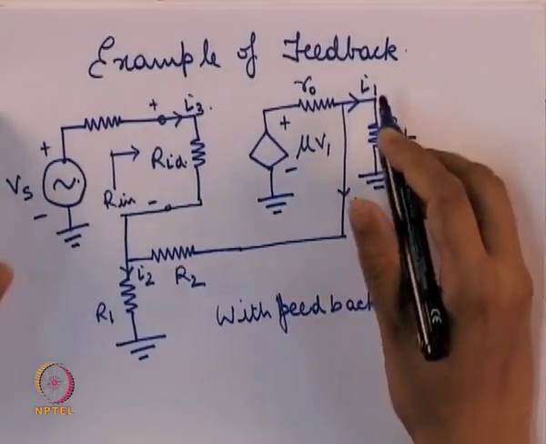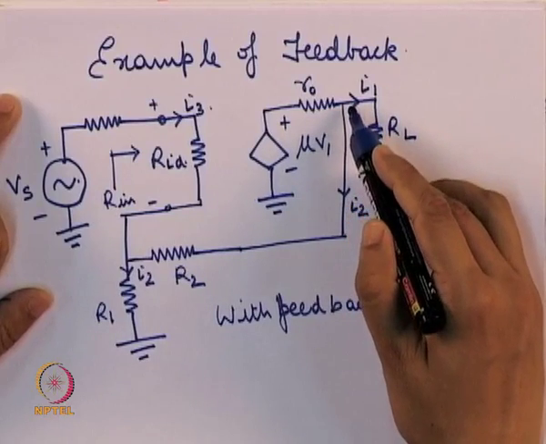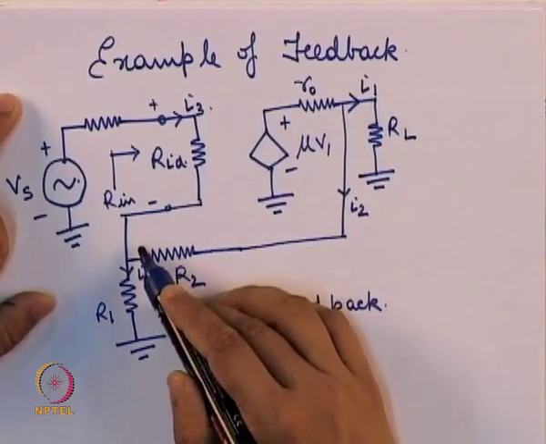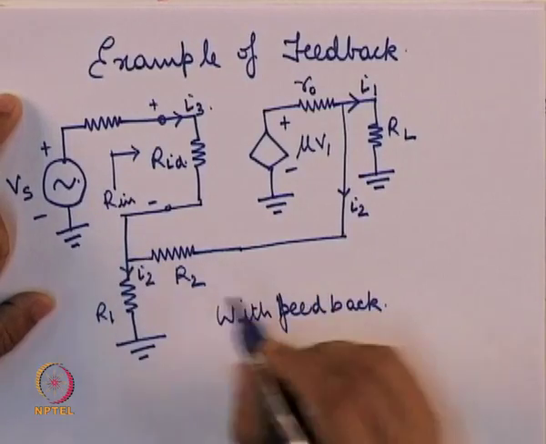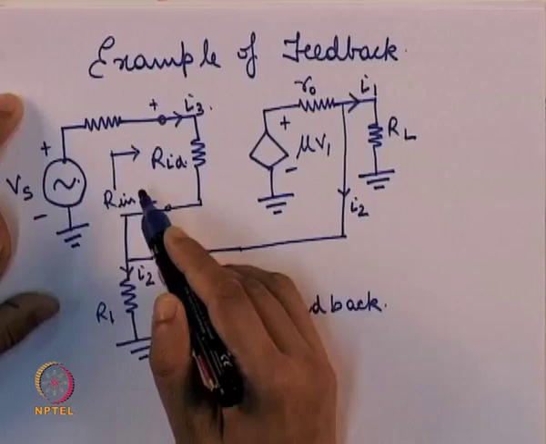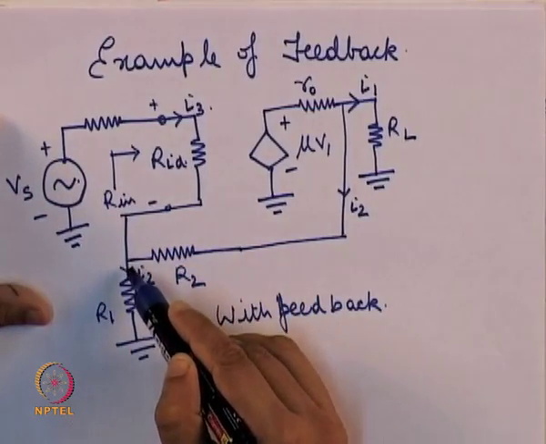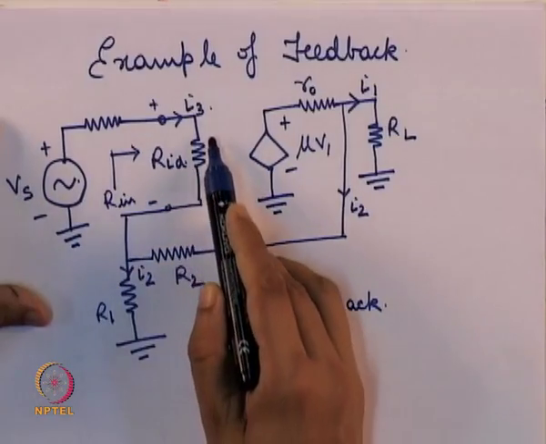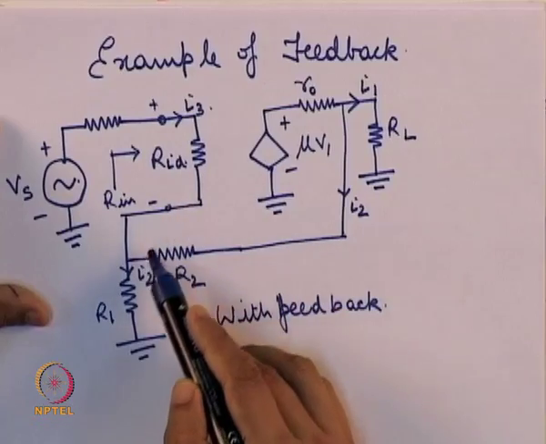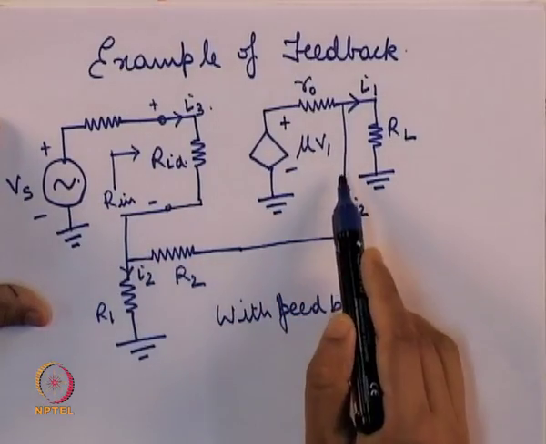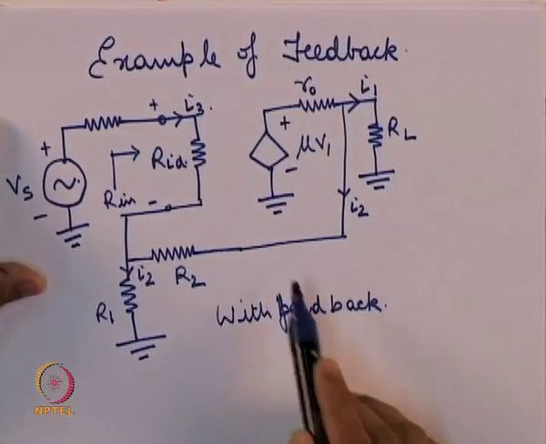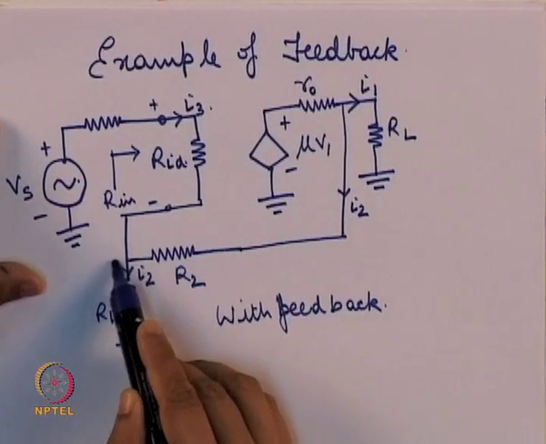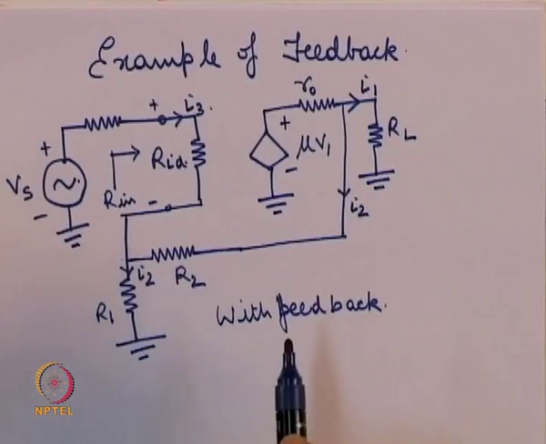First, note that here we are tapping the voltage at the output and feeding it back to the input. At the input, when we feed back, some portion of the input voltage that should have been applied directly is being subtracted by an amount equal to the voltage appearing across R1.